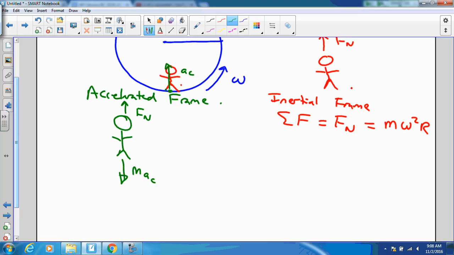And therefore, the man is going to experience a fictitious force, m ac, pointing in the opposite direction of the acceleration. And ac is omega squared r. And the man standing there now has a sum of forces which adds up to 0 because he's standing on the reference frame.